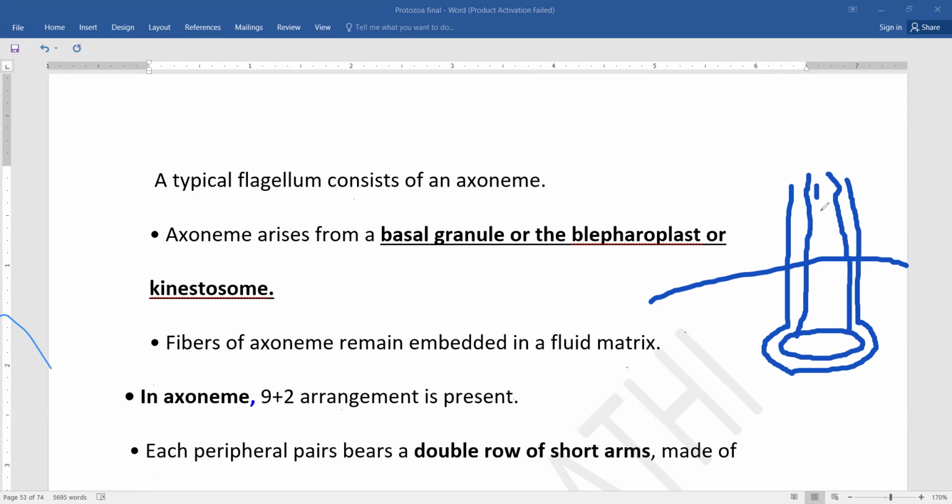Actually, it contains many filaments. So this is the outer covering, if you assume. This total structure, which looks like a rod, is actually made up of many tubules, that is called the axoneme.